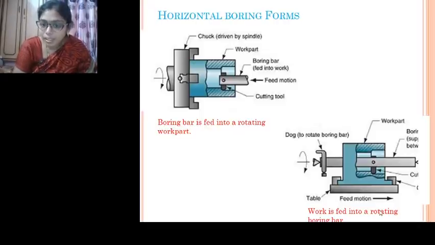Whereas in the other type where the work is fed into a rotating boring bar, the bar will be rotating, whereas the workpiece will be fed into it. The feed is given to the work part.